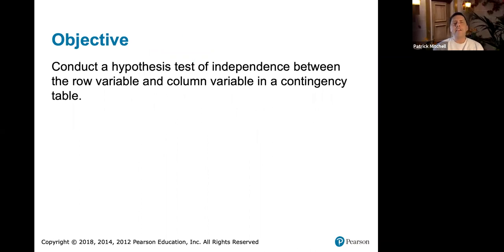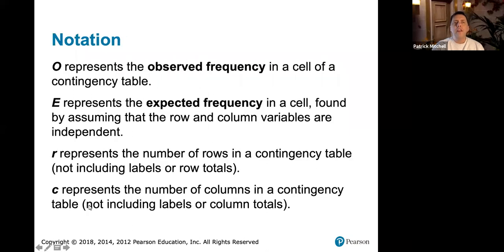So the objective is to conduct a hypothesis test of independence between the row variable and the column variable in a contingency table. The notation we'll be using, about half of it should look familiar from the last section.